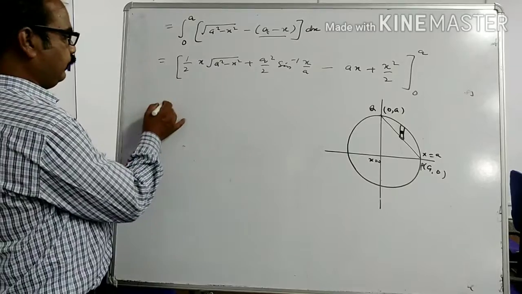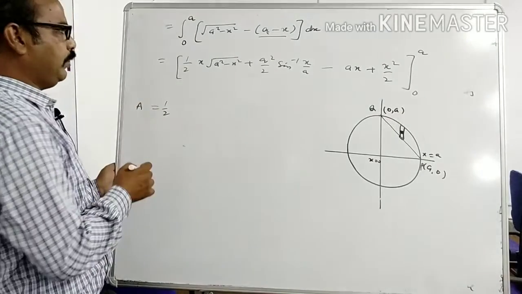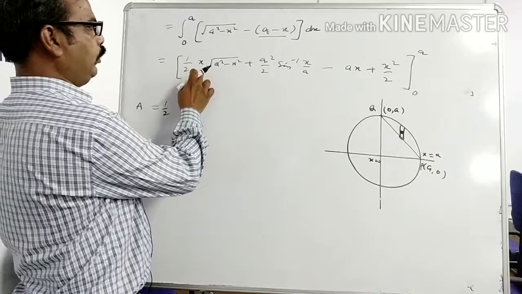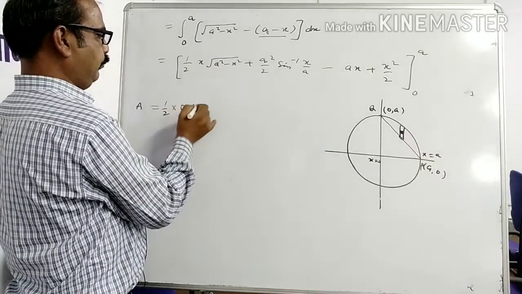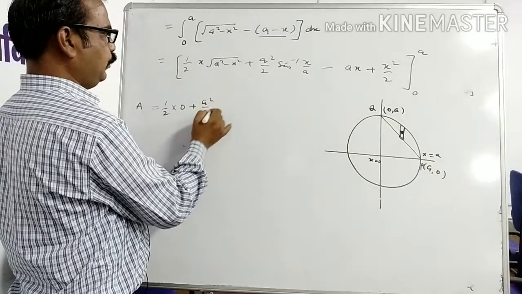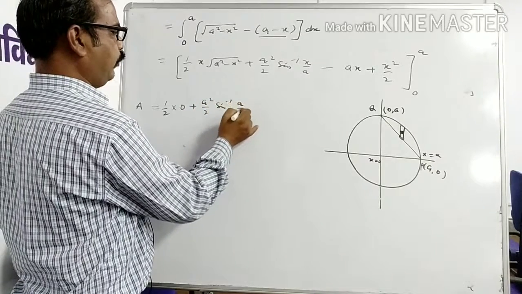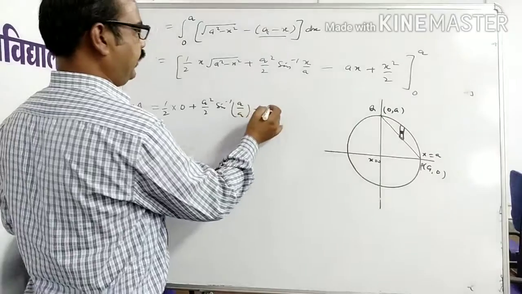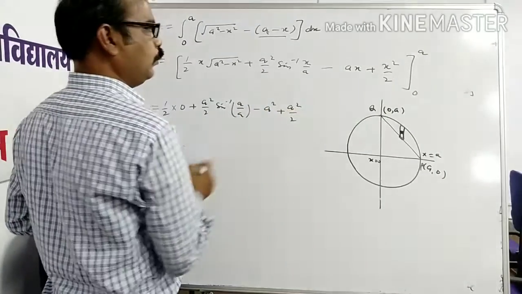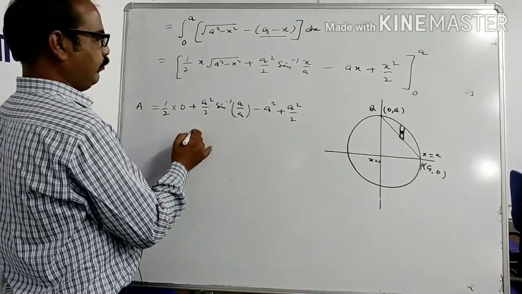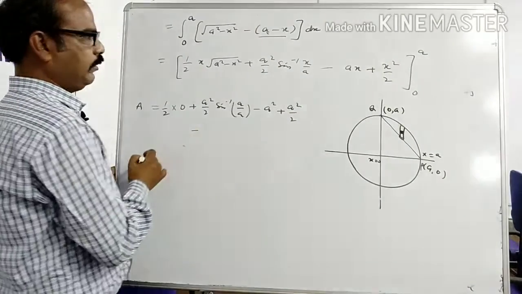So when x equals a, the first term is 0, plus a square by 2 sine inverse a upon a, minus a square plus a square by 2, and minus the lower limit.